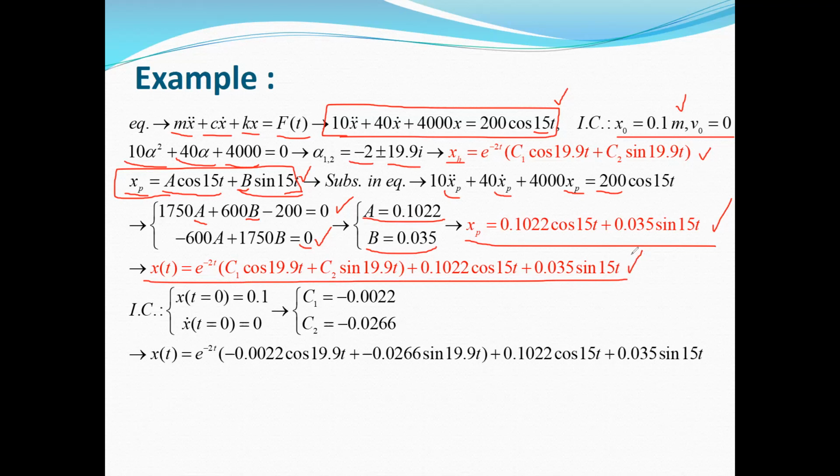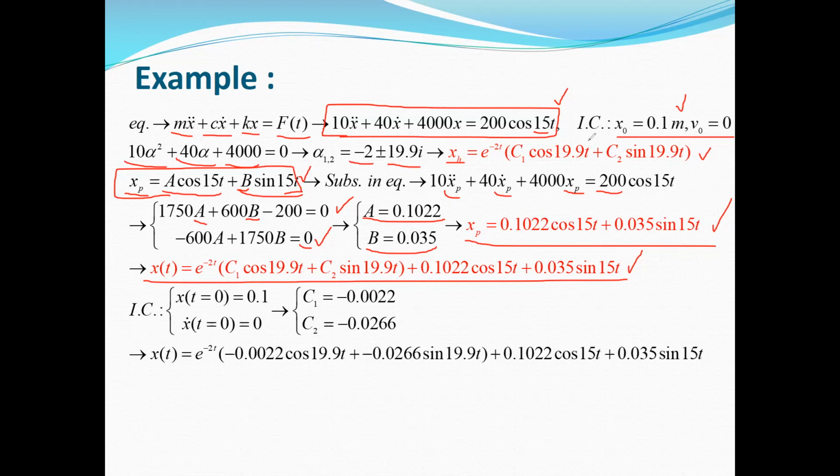Sometimes when the particular response is 0, or we don't have any non-homogeneous term or any external excitation, the xh is equal to xt. So we can apply the initial condition to xh because both of them are the same. But in these types of problems, when we have external force, when we have forced vibration response xp, the total solution or the total response is the summation of xp and xh.